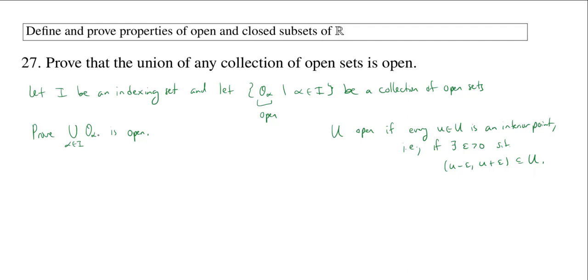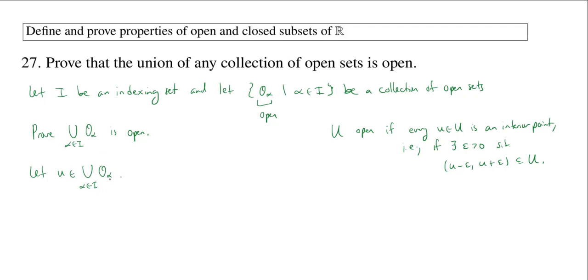So since the condition is every u in U, I need to take some u in U. In this case, my U is the union. So I'm going to let u be an element of the union, and I need to show that there is a u coin inside the union.